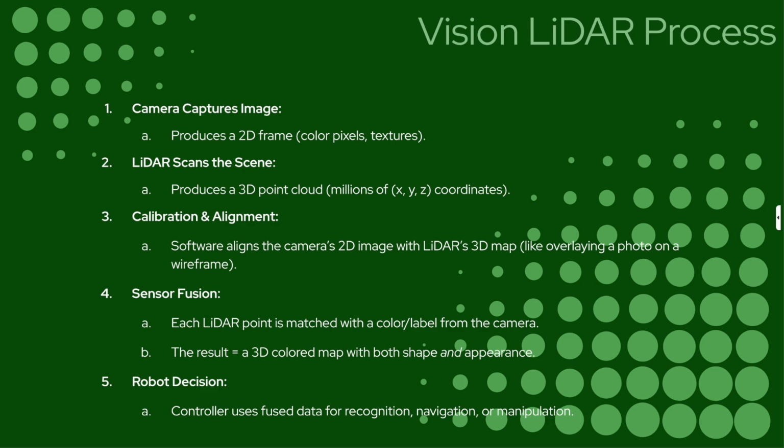And then, final thing, robot decision. The robot decides what it does with that information: if it needs to go more left, more right, how many degrees it needs to move, how far it can go. So pretty much the whole end goal of this is we're getting context and adding precision to it. The robot doesn't just know that something is here. It knows what it is and where it is exactly and where it's sitting in space.